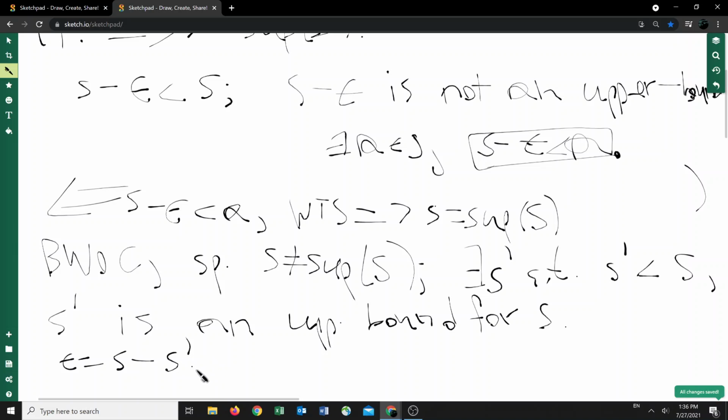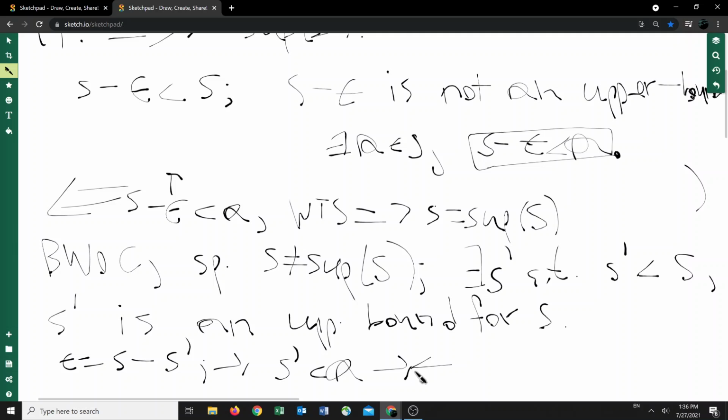Let's plug that in here. When we plug that in, we get that S prime is less than A. But that's a contradiction because we assumed that S prime is an upper bound for S, but we found an A such that S prime is less than A. So S prime is not an upper bound, and that's a contradiction again.